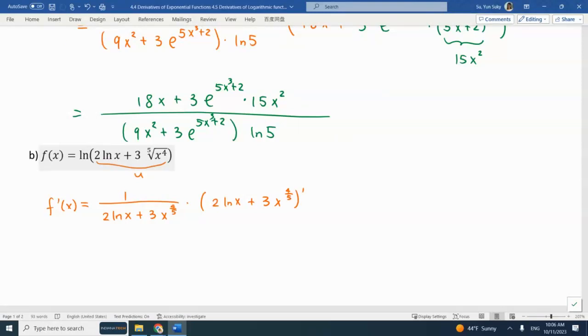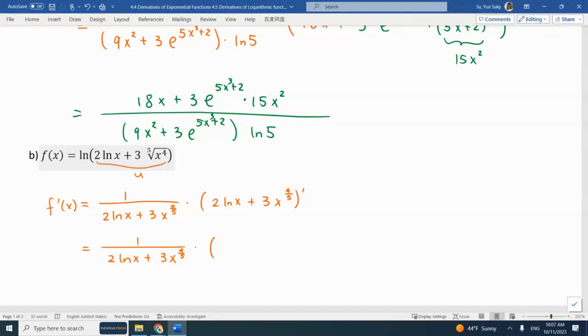All right, we keep going. This factor has no prime, we just copy it. And then this factor has a prime, so we need to differentiate, one by one.